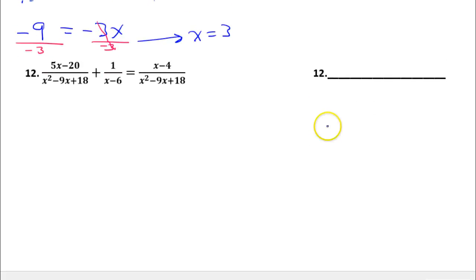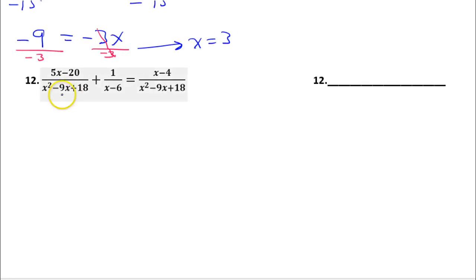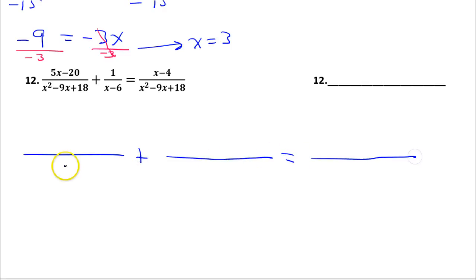All right, last problem. I am going to factor so I can see exactly what I have. So give myself a little bit of space. When I factor this denominator, x squared is x times x. 18 is 3 times 6, among other things.